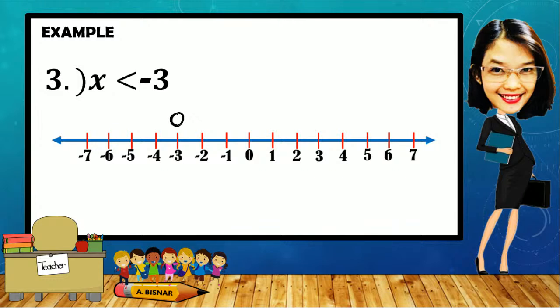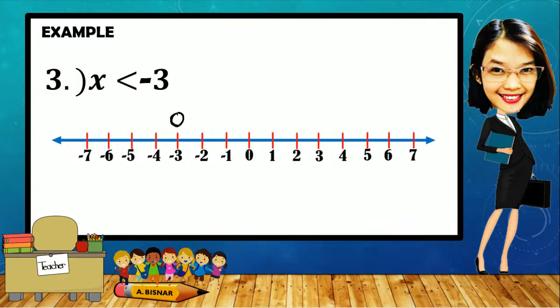So, numbers that are less than negative 3 are, wait lang, ito po yung kanan. Ito yung kaliwa. So, ang mga numbers na mas mababa sa negative 3 ay yung mga numbers na nasa kaliwa. Okay, tama yung negative 4. Negative 4, negative 5, negative 6, negative 7, and so on.